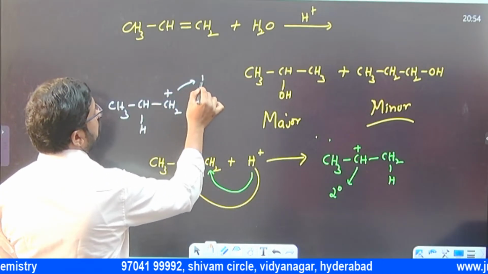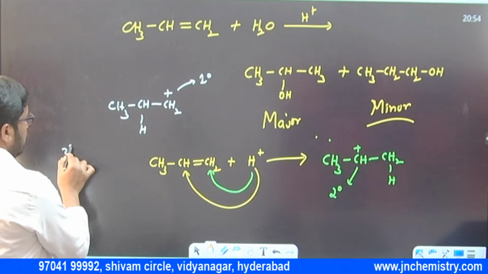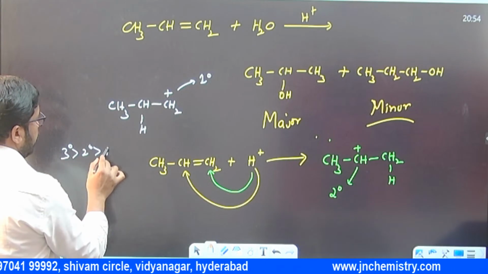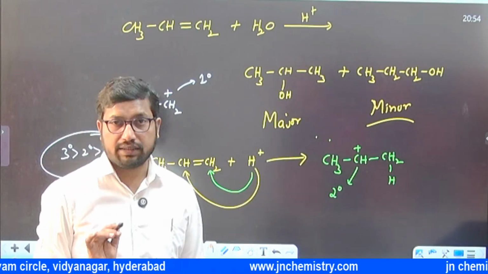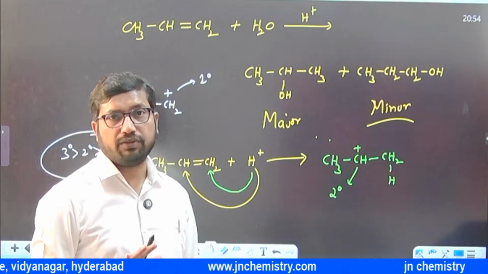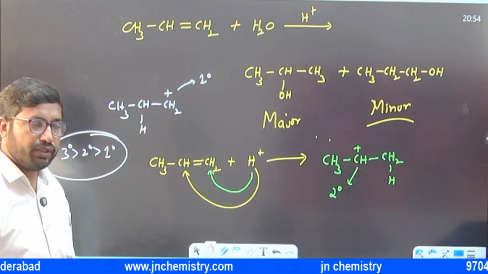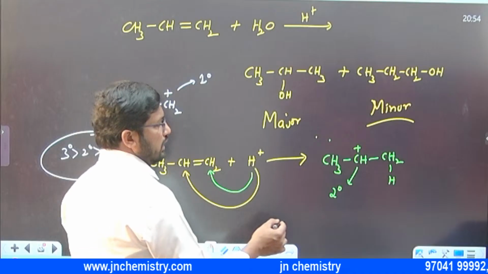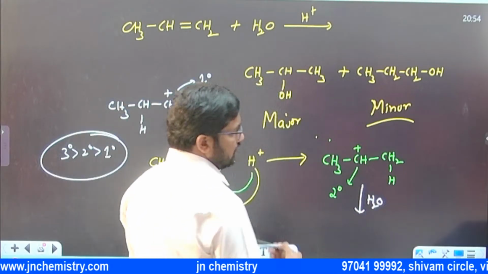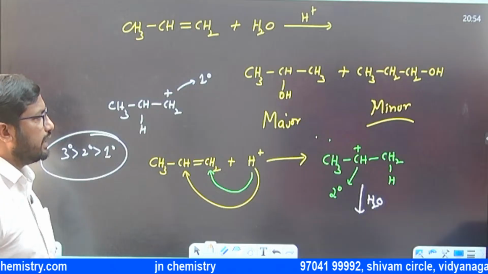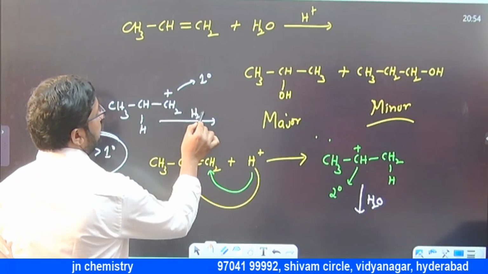This is 1-degree carbocation. I told you carbocation is always 3 degree, 2 degree, 1 degree. Whenever the carbocation is there, rearrangements are possible. Of course, in this case, no need for rearrangement. So here the H2O is coming, attacking over there. Then directly we can write the product. If it is attacking over here, we get the minor product.